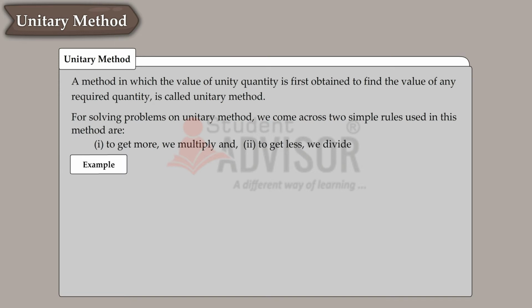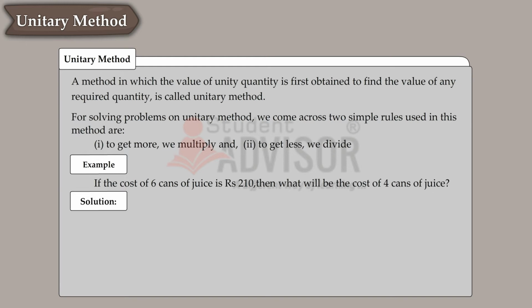Study the given example. If the cost of 6 cans of juice is 210 rupees, then what will be the cost of 4 cans of juice? Solution. Cost of 6 cans of juice is equal to 210 rupees.